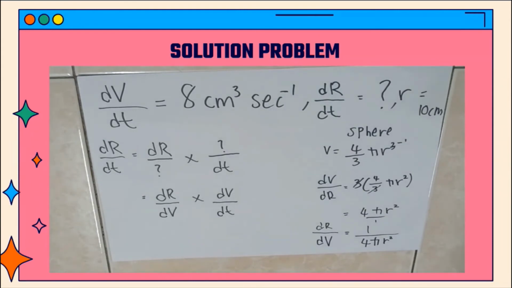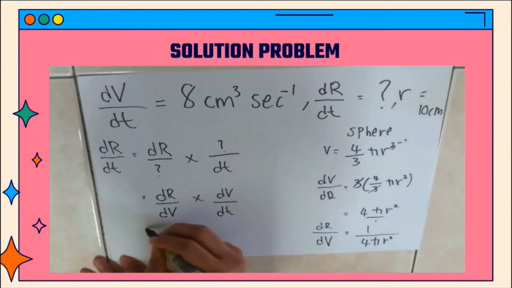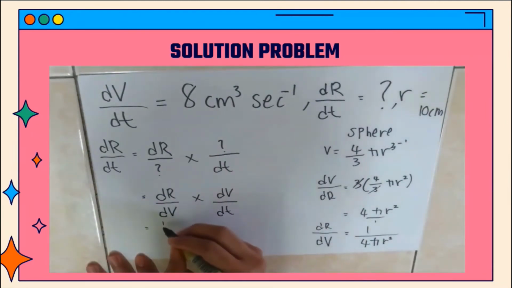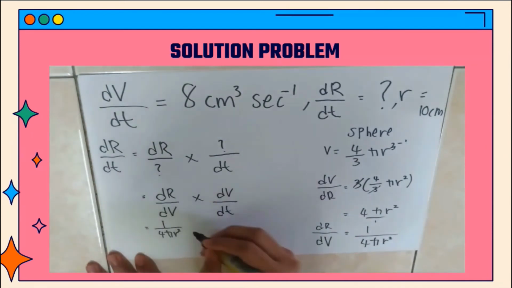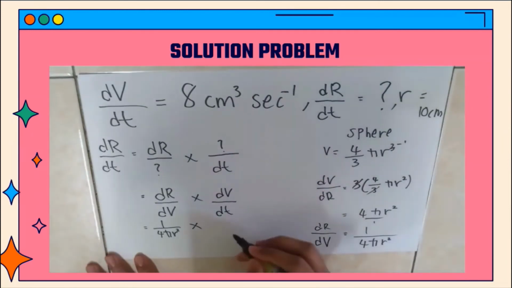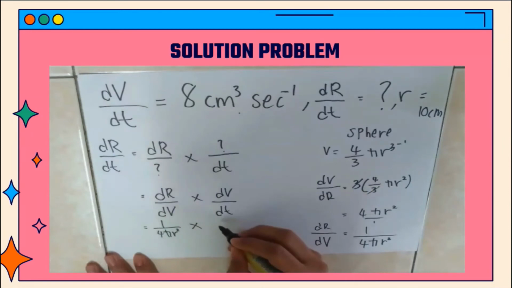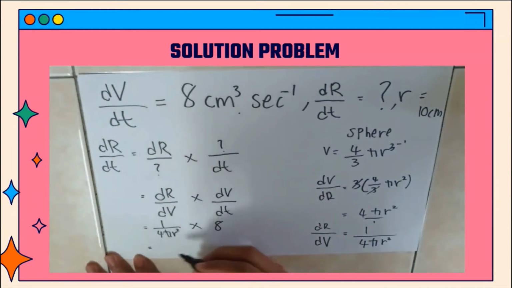The third step is to substitute the amounts in the same way that we already wrote. So dr/dt equals 1 over 4 pi r^2 multiplied by dV/dt, which is already given in the question as 8 cm^3 s^-1.